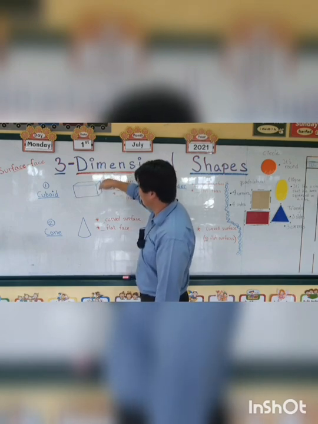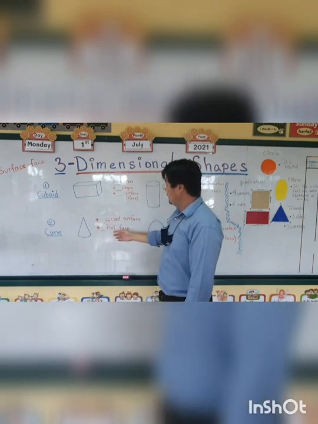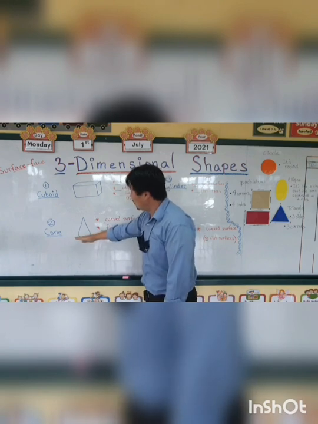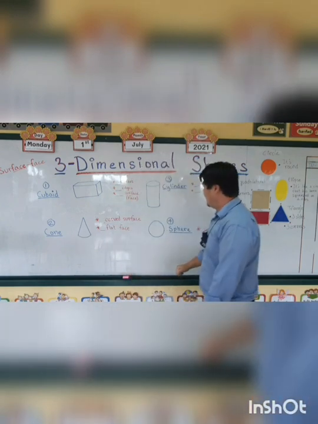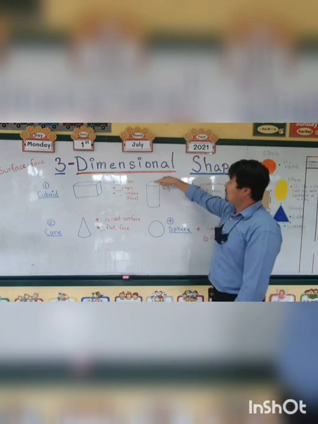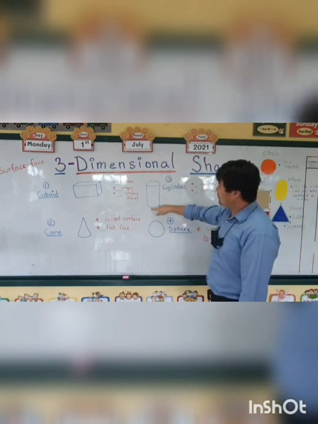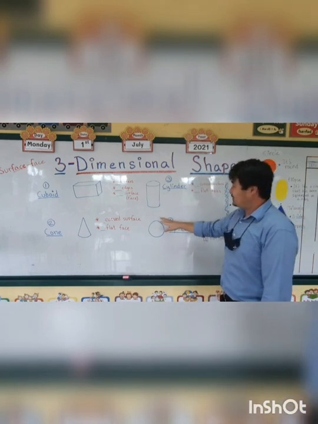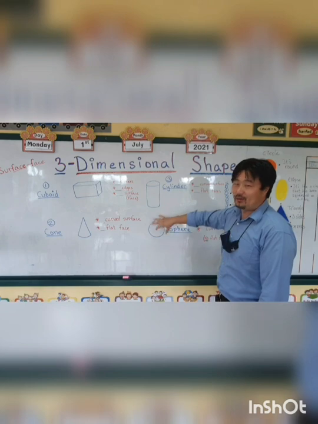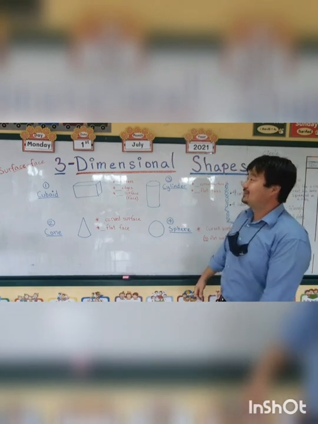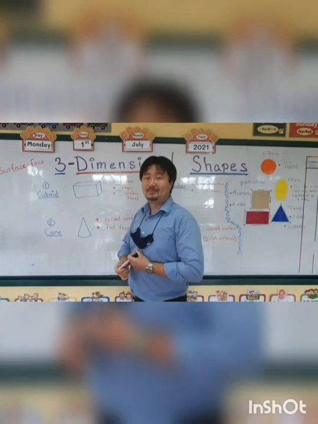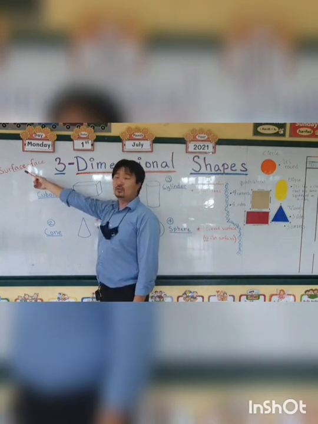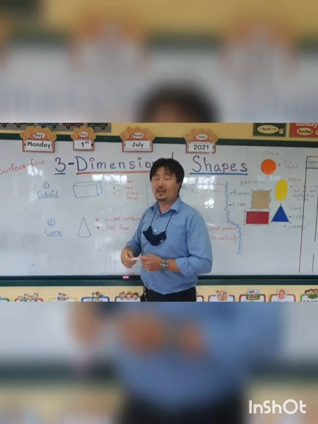This part. And on a cone, a surface could be this part, and it could be the bottom part as well. And on a cylinder, it could be this part, it could be that part, and it could be this part. And on a sphere, it could be the part all around. Okay? I hope you understand. So when I say or write or read surface or face, it means the same thing.